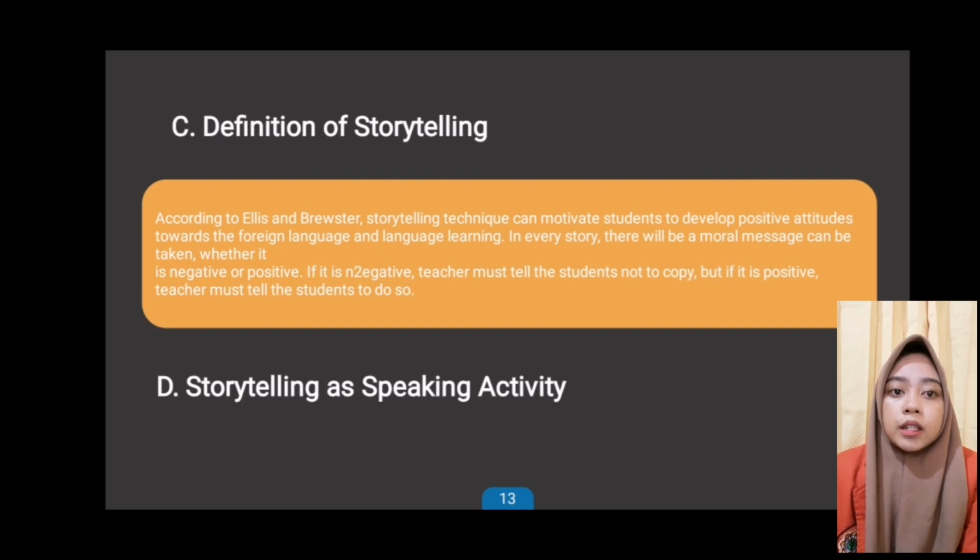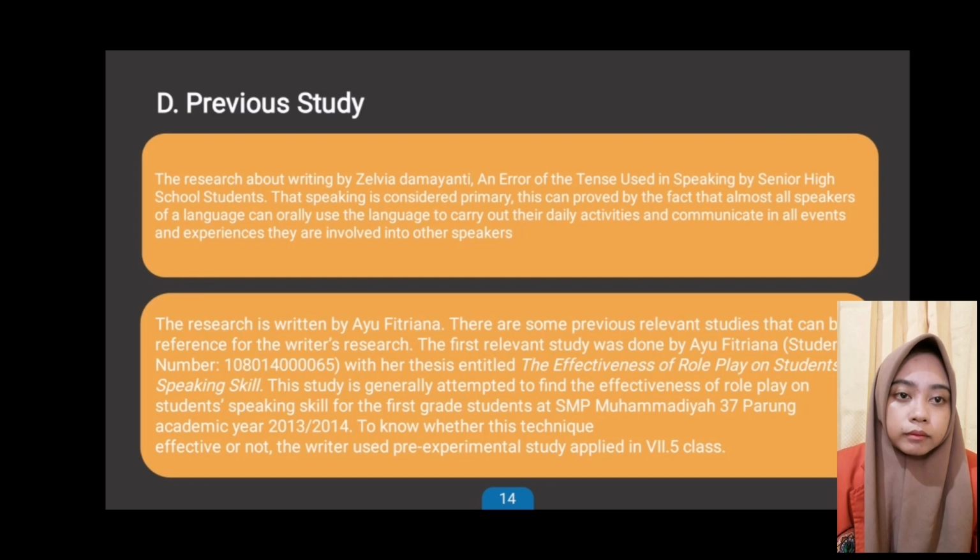If it is negative, the teacher must tell the student not to copy, but if it is positive, the teacher must tell the student to do so. The next point, D, storytelling as speaking activity. The next, previous study.